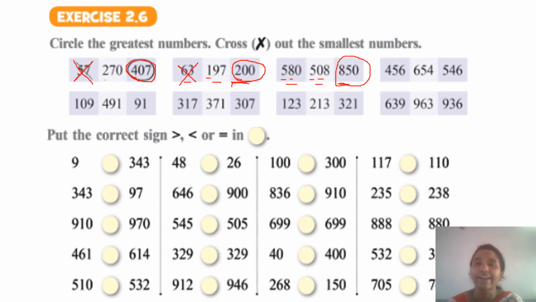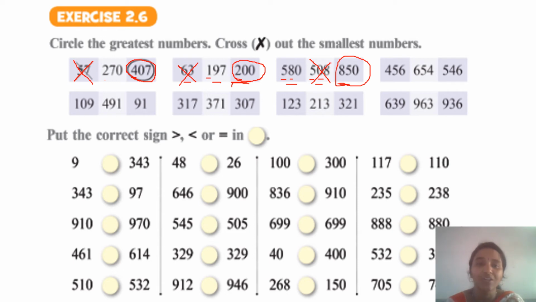Which is smaller, 8 or 0? 0, no? So I am crossing 508. If your tens digit also is the same, you have to go and check your ones digit. The remaining 5 sums I am leaving for your assignment and you have to submit it.